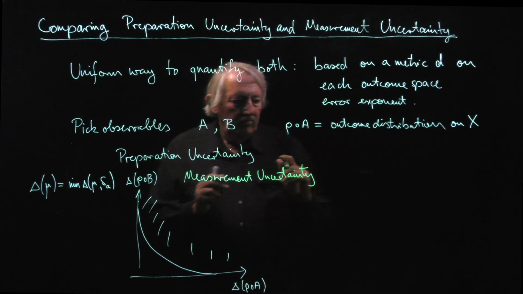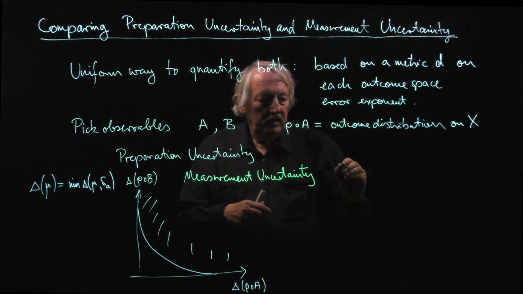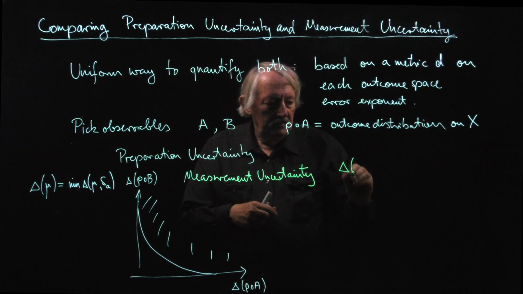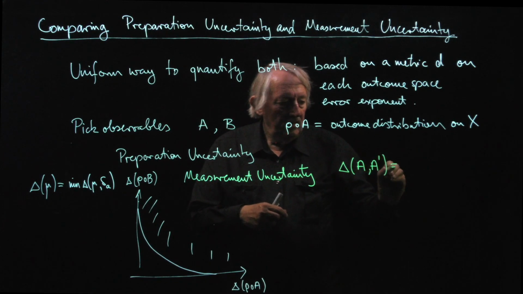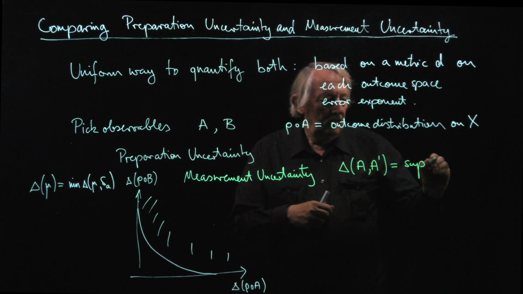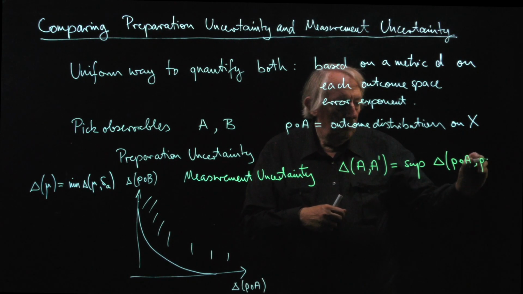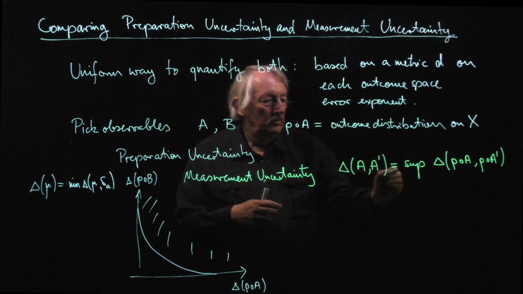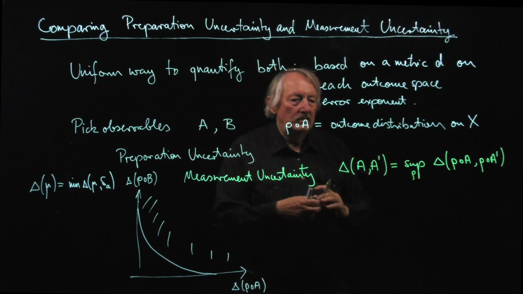How did we define the errors? So first of all, if I have two observables, I define their distance, let's say of A and A prime, as the largest distance in the sense of transport metric between the output distributions. Right? And I have to take the supremum over rho, or the maximum. I don't want to discuss whether this is attained or not.